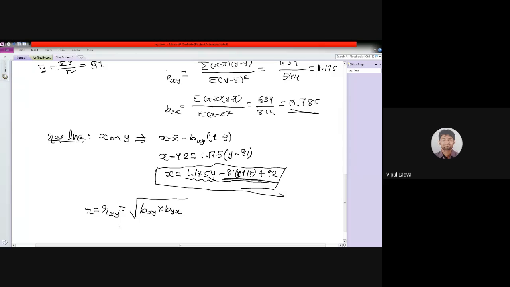The square root of that will lead us towards the value of R. Bxy is 1.175, multiplied with 0.785. Mohammed, help me multiply both and identify the square root of that.